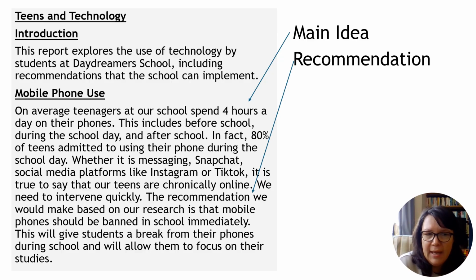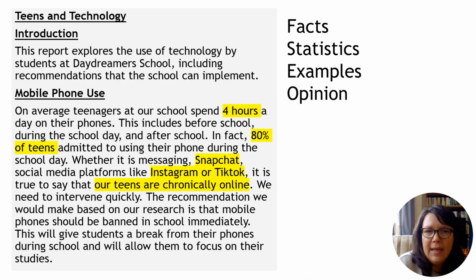All right, so firstly, you can see that we have got the main idea, and we've got some information about that main idea, and we've got a recommendation and why we're giving that recommendation, the reasons behind it. In addition to that, to make this seem realistic, to make it seem like it could be true, we've got some facts. 4 hours a day on their phones. 80% of teens admitted. We've got a statistic.